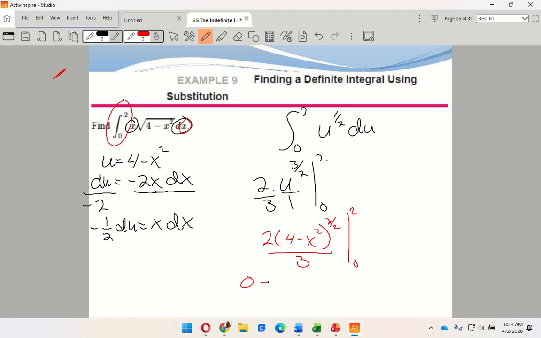You guys want me to actually slow down and show each piece? Okay, yeah, I'll do that.